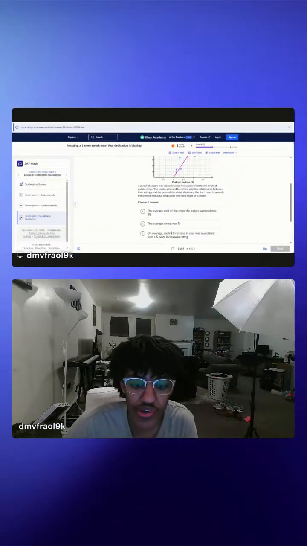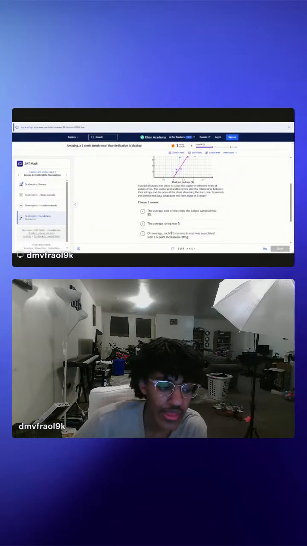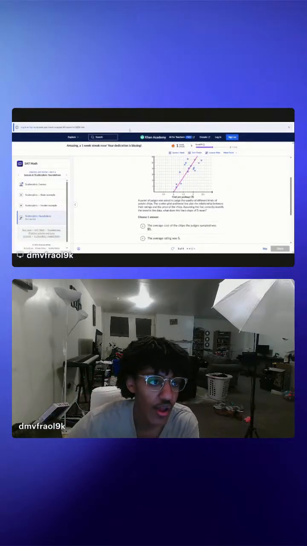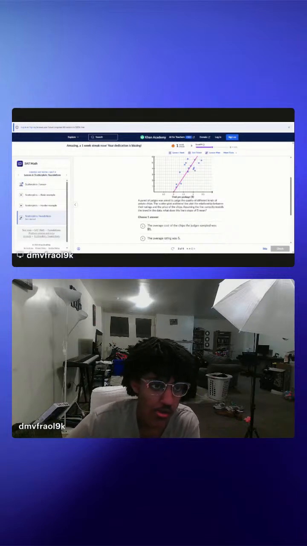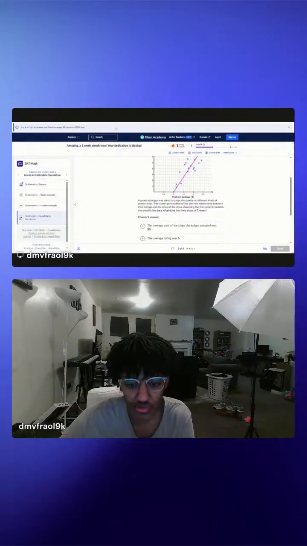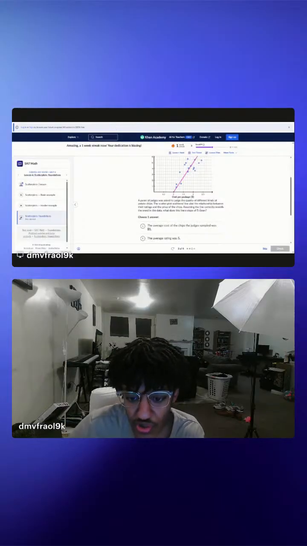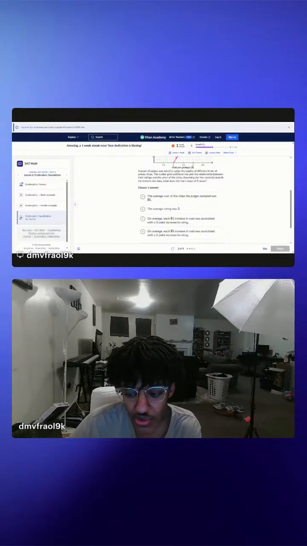A panel of judges were asked to judge the quality of different kinds of potato chips.